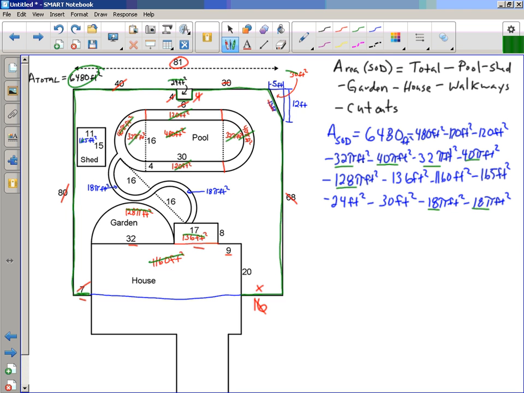If I lose 40 and I lose 40 more, then I've lost 80, right? So 40 and 40, that's going to be 80. 32 and 32, that's going to be 64. So this is going to be a negative 80 and a negative 64.